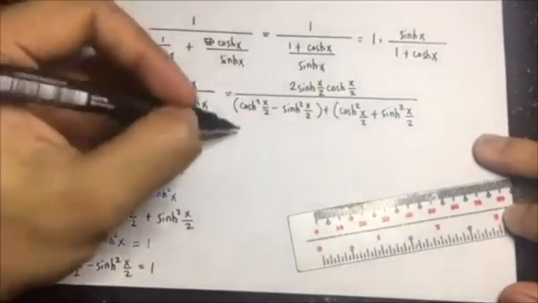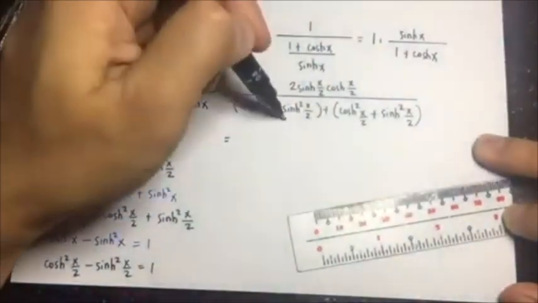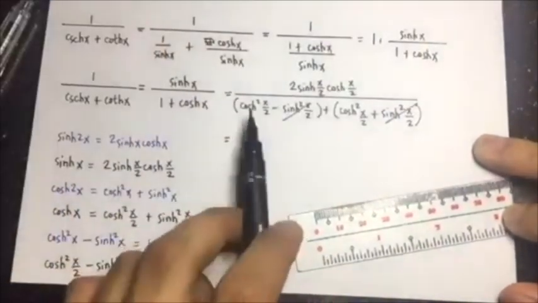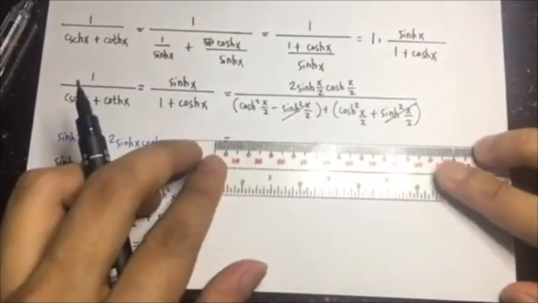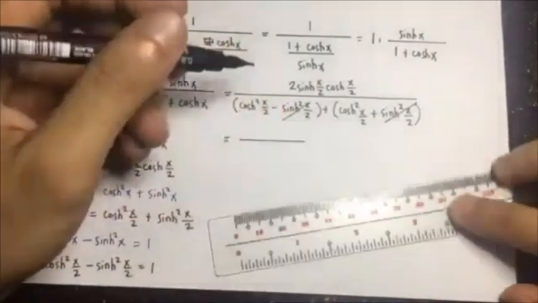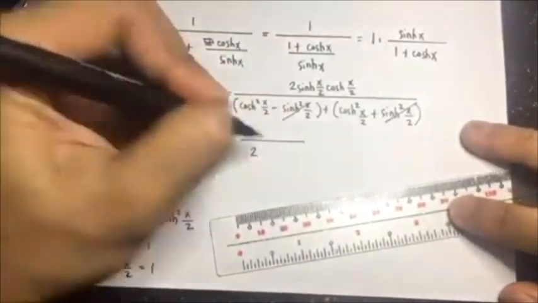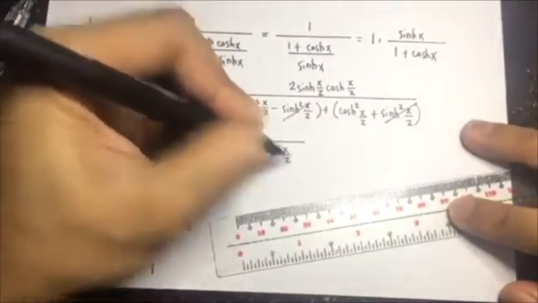Okay, so let's simplify the denominator. We can see that we can cancel out hyperbolic sine squared of x over 2. So what will remain is hyperbolic cosine squared of x over 2, and then adding them, we will have 2 hyperbolic cosine squared of x over 2 in the denominator.